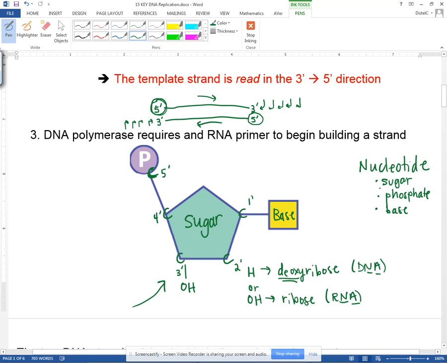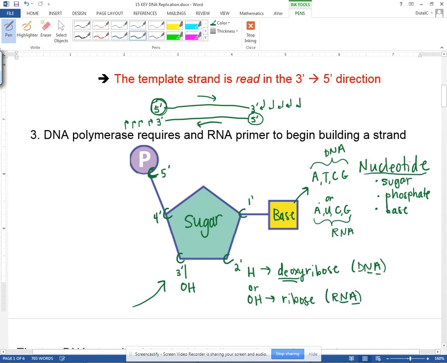Bases: for the bases, your options include A, T, C, and G if we're talking about DNA, or A, U, C, and G if you're talking about RNA. Thymine is replaced with uracil when you're referring to RNA.